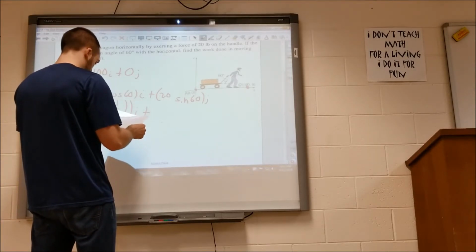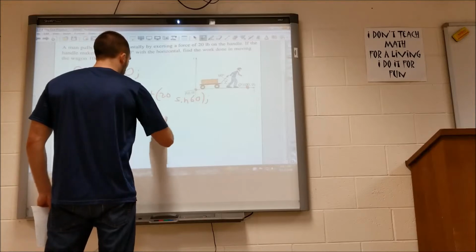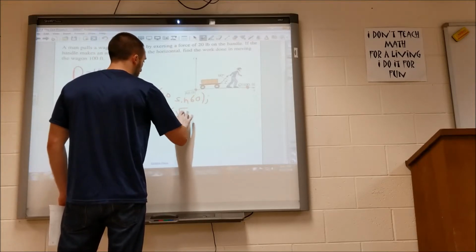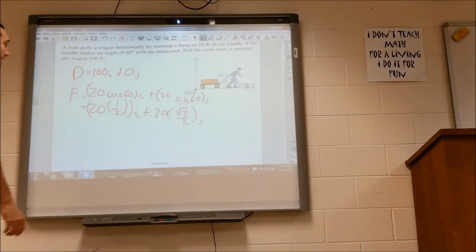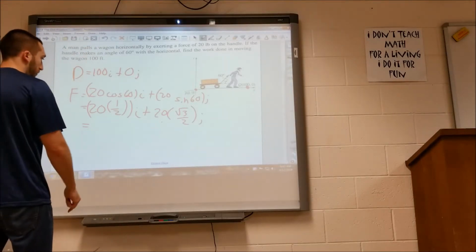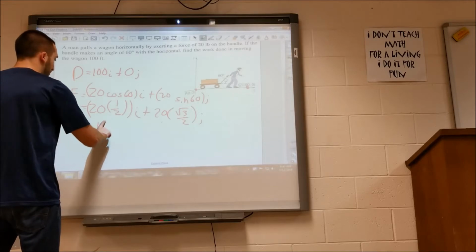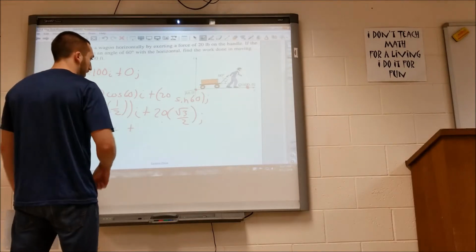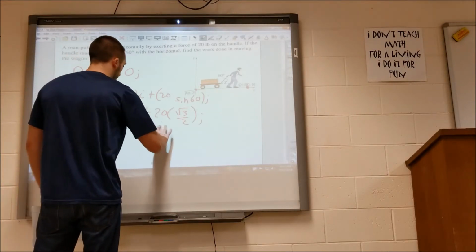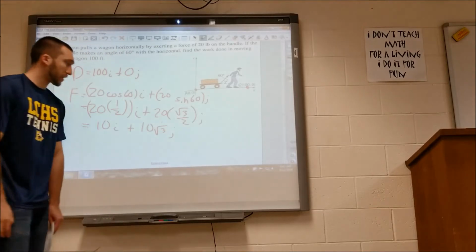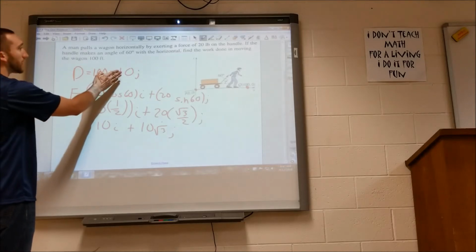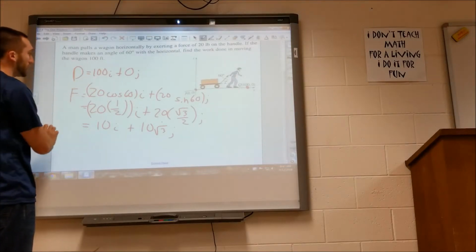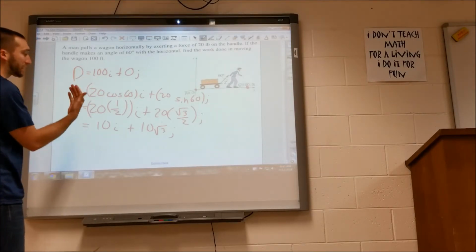And 20 sine 60, we should remember, is radical 3 over 2 j, the y component. So the force, when we simplify as much as possible, is 10i plus 10 radical 3 j. Just doing that multiplication straight across. So I've got my D vector, I've got my force, now I can figure out the work.